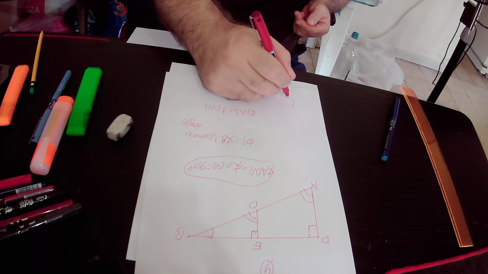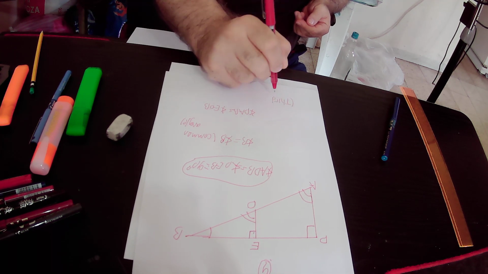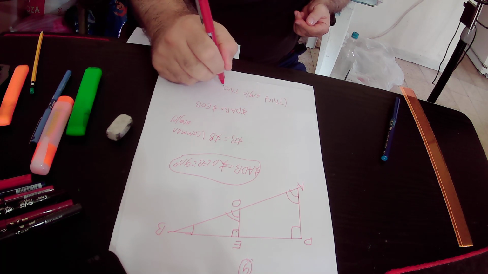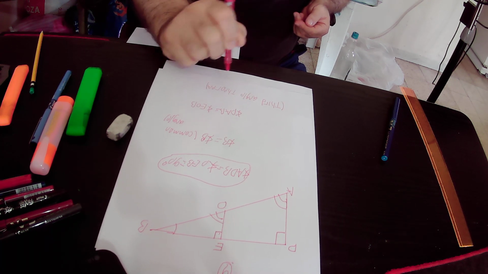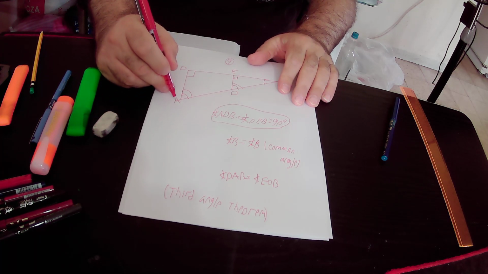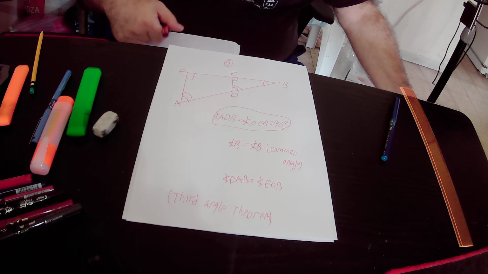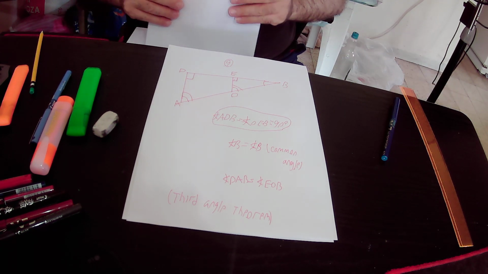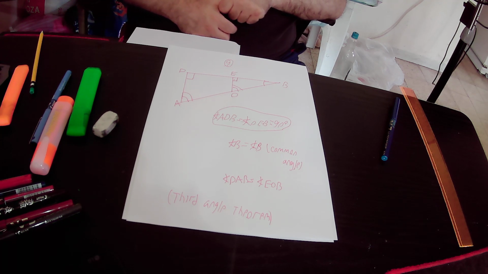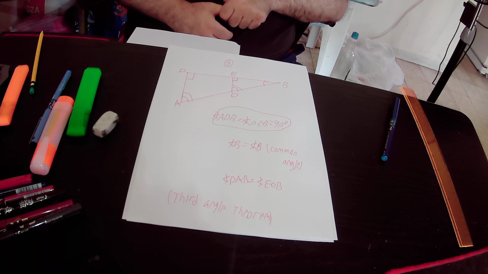Actually, the third angle theorem states that if you have two triangles that have two angles that are equal between them, then the third pair of angles must also be equal in those two triangles, because the third pair of angles is complementary to 180 degrees.